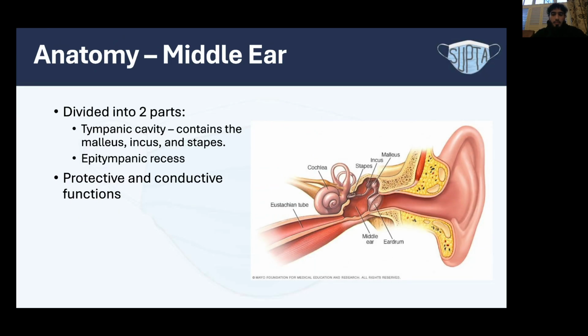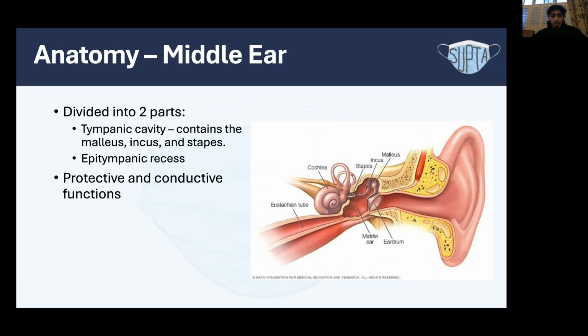Posteriorly, in the epitympanic recess, we have what we call mastoid air cells. These are cells within the epitympanic recess, a bony structure with air-filled spaces in between them. They act as what we call a buffer system.